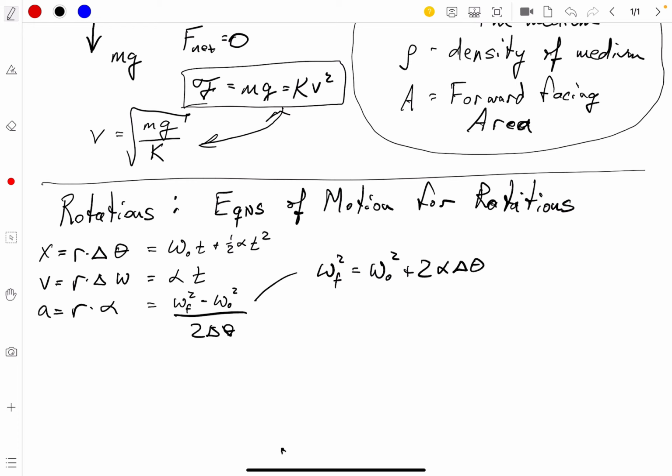One of the things, and I didn't say this when we first started learning it, is that due to conservation of linear momentum, we get a third acceleration when we're rotating.